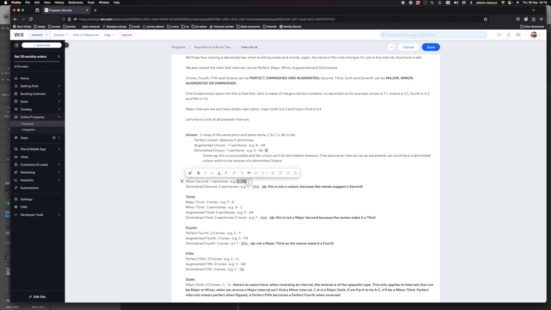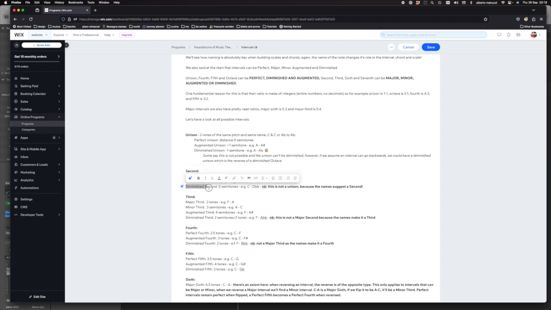Because C sharp is an augmented unison, or an augmented octave if it's a C sharp higher up. So even if it's a semitone of distance, it must be called D flat.